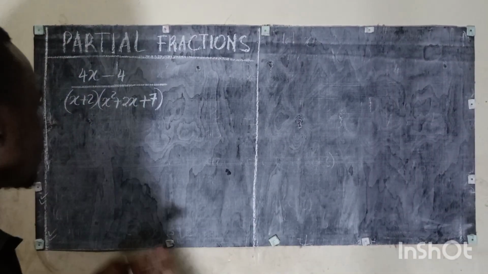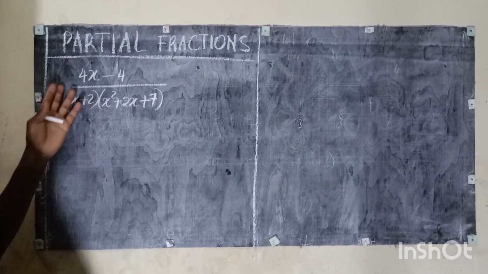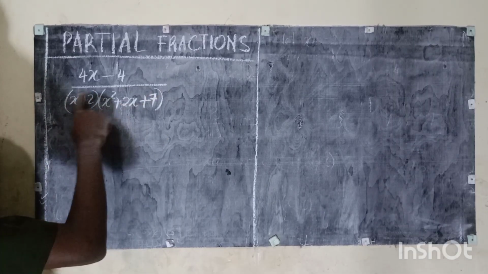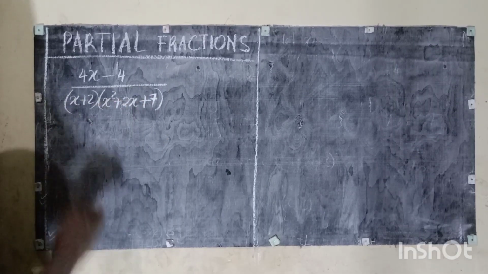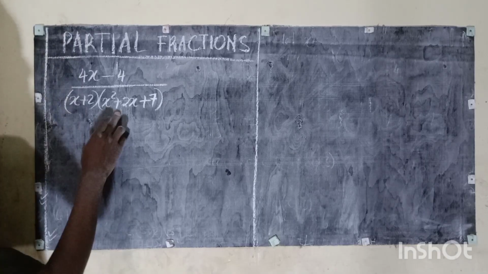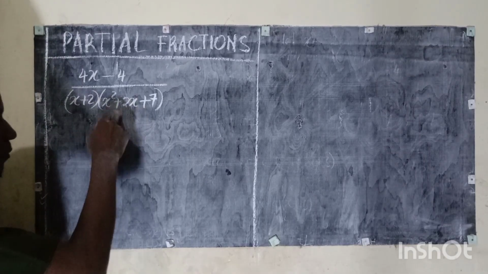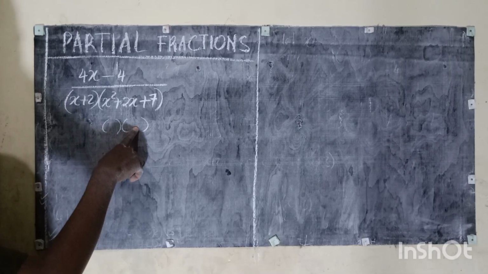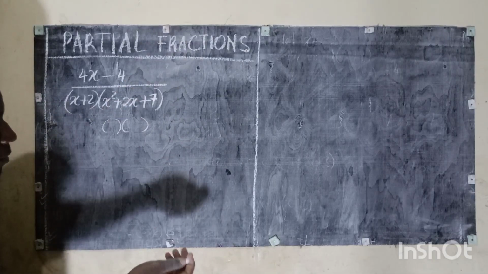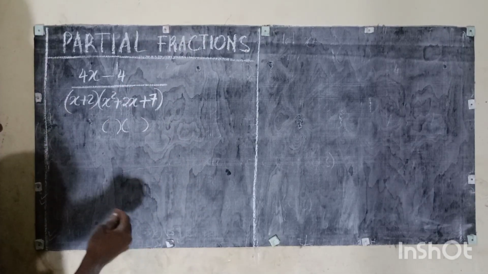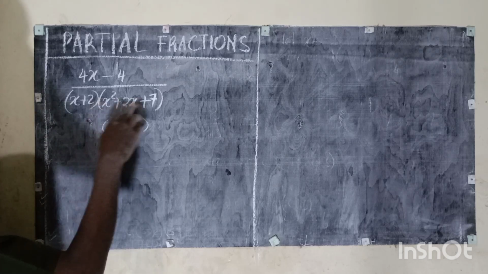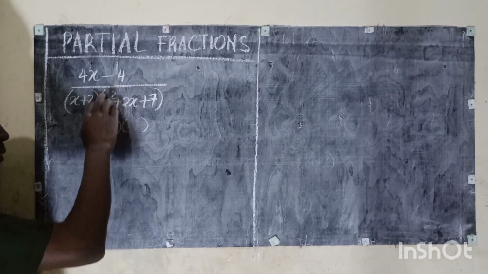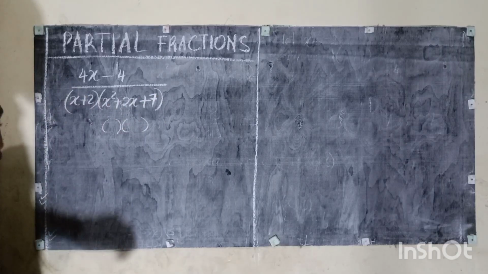Now what if our fraction is in this form and the denominator has two factors, of which one is a quadratic one. If this was factorizable into two linear factors, we would proceed as we have seen in the first examples. But now this quadratic expression is not factorizable.